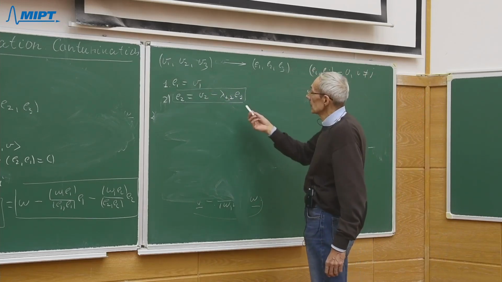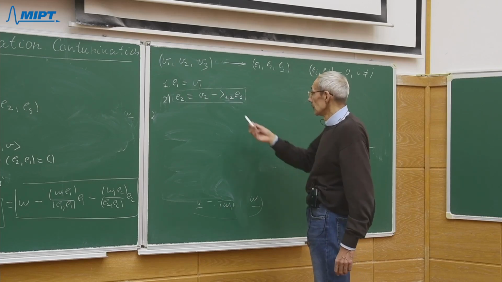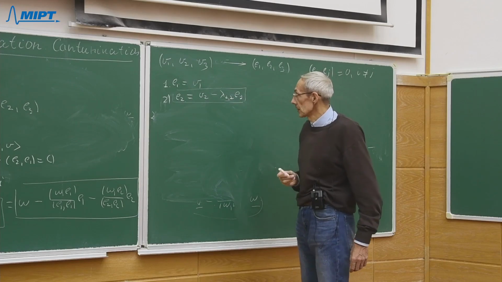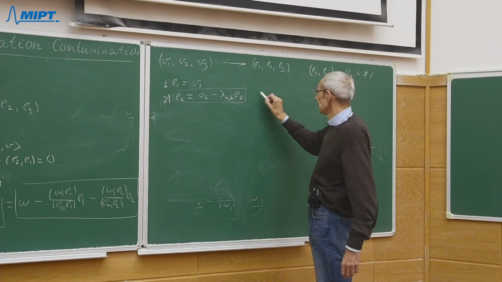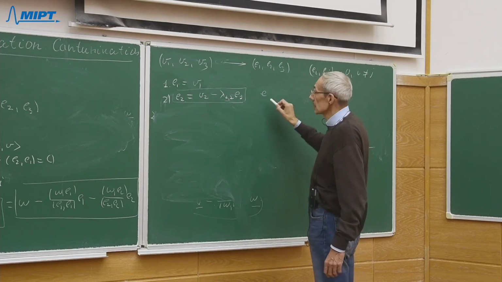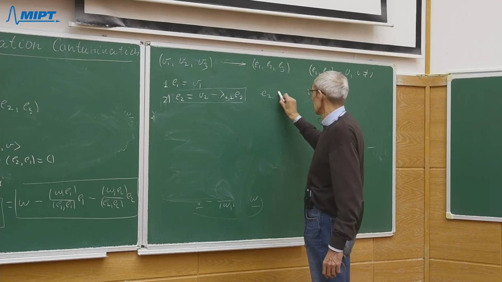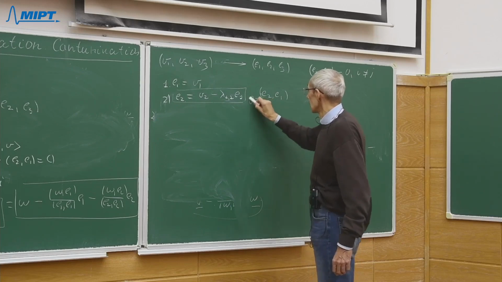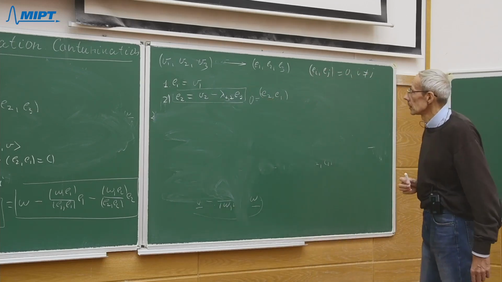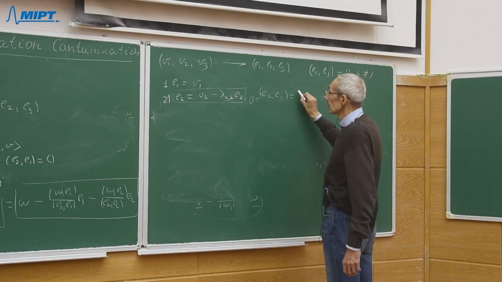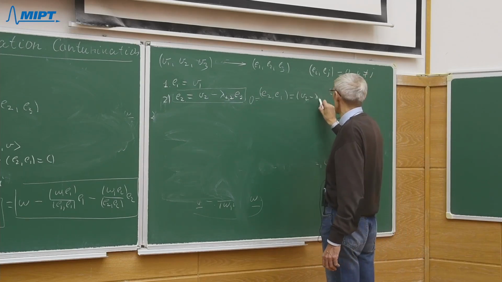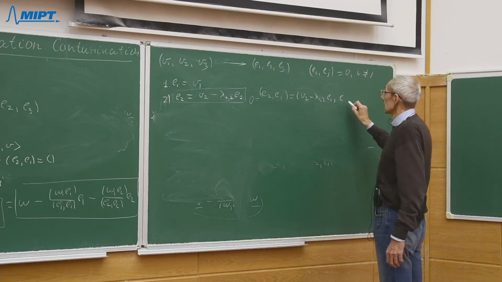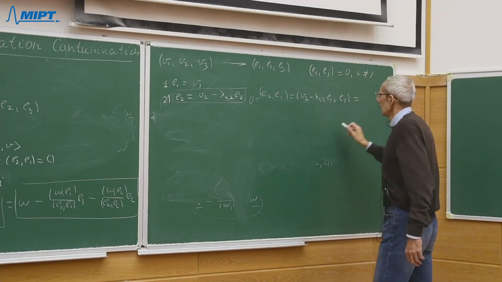And this condition uniquely defines these coefficients. If we consider the scalar product of this vector e2 and e1 and put it equal to 0, we obtain the following expression: (v2 minus lambda_12 e1, e1).